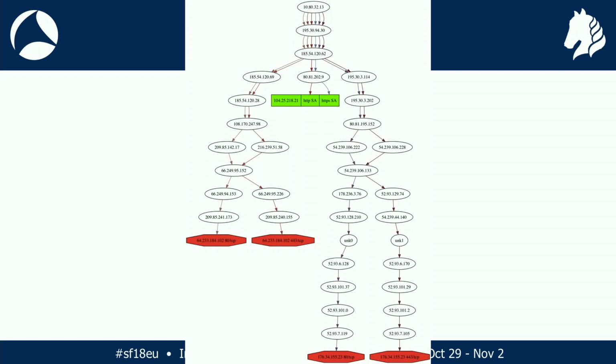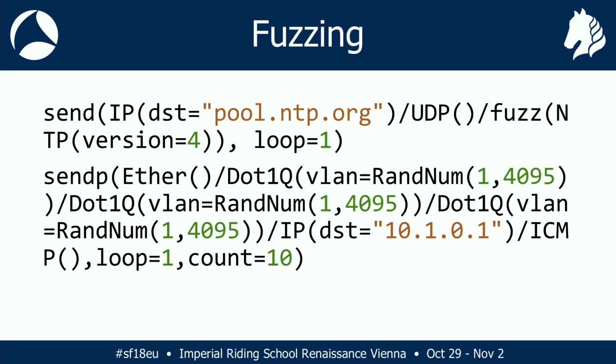So another thing you can do with Scapy is fuzzing. So when you want to test your application, you're writing, for example, an NTP server, and you want to see how your NTP server reacts to non-specified values, then you can use Scapy.